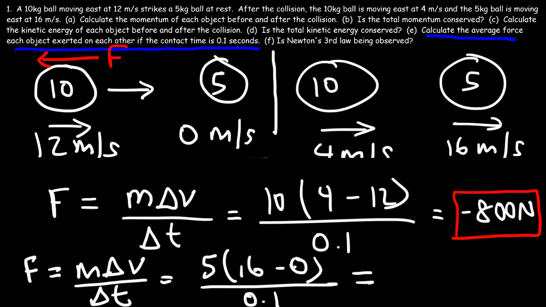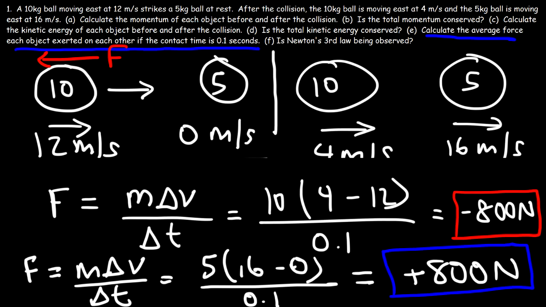So we have 5 times 16, which is 80, divided by 0.1. So that's 800, but this is positive 800. Notice that these two forces are equal in magnitude, but they are opposite in direction.